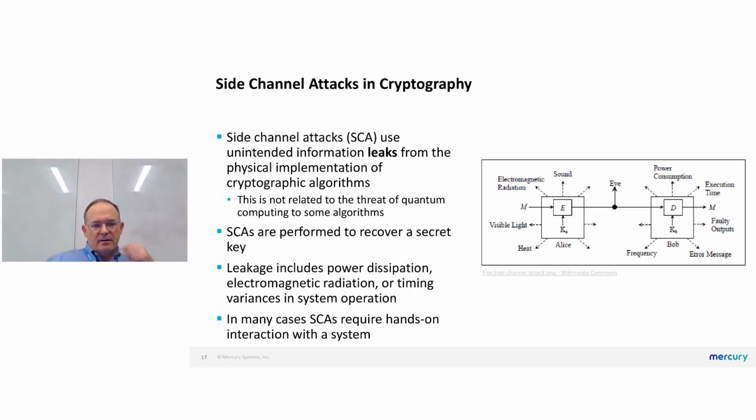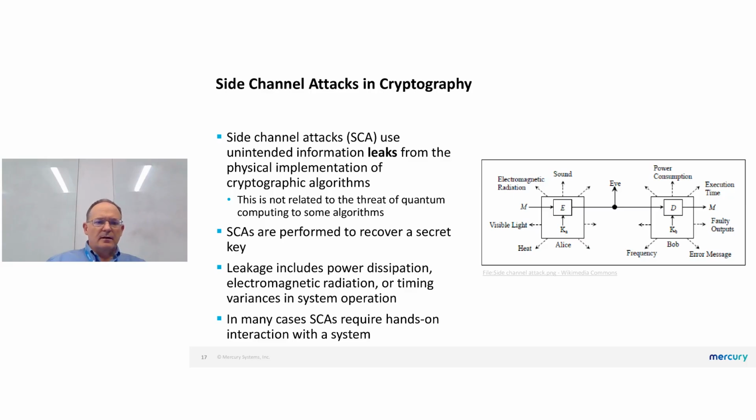Generally speaking, SCAs in many cases are going to require hands-on interaction with the system. Assets at the edge are a particular consideration for this, since an asset that's lost in the field, for example, may be something upon which side channel attacks can be performed by an adversary.